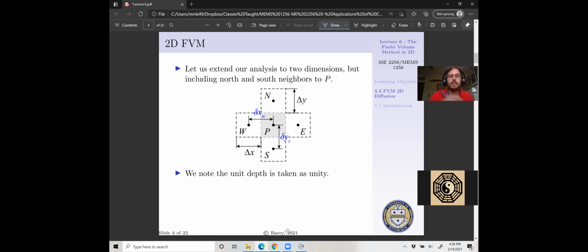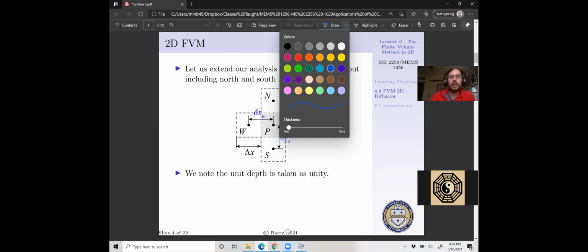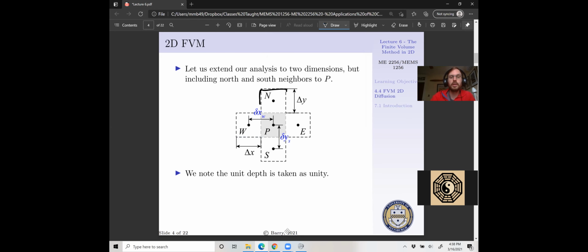So what we're going to do is consider two dimensions. We are going to put a cell on top that we're going to call our north cell, and a cell on the bottom, which we're going to call our south cell. Hey, this kind of looks like the cardinal directions: north, east, south, west. That's cool.